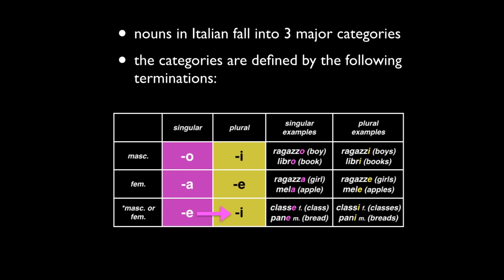It could be a little bit confusing there, but for the most part, when you have a singular noun that ends in E, it's going to become plural by removing that E and changing it to an I. So classe becomes classi, and pane becomes pani.